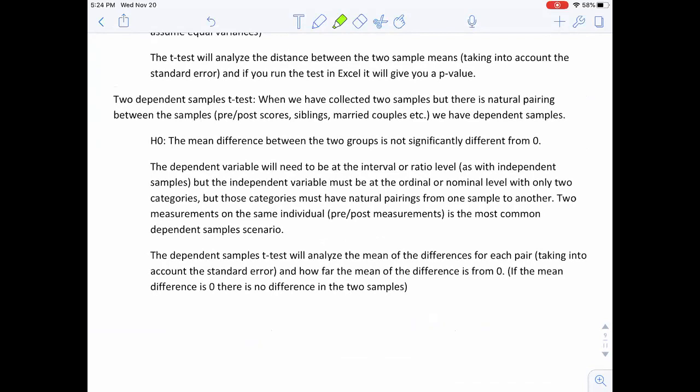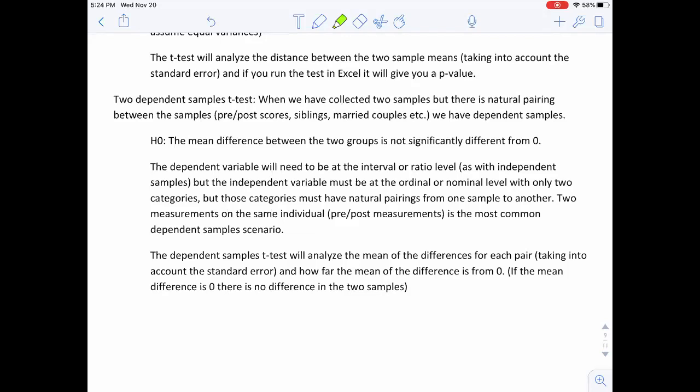If we're comparing the means of two groups, but these two groups are dependent, right? Often, if we've made two measurements on the same subject, in a pre-post score scenario, or if we're talking about siblings or married couples, those are kind of common paired situations, right? Then we have these two dependent samples.